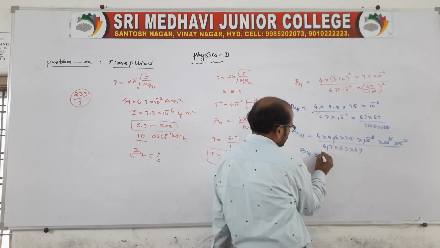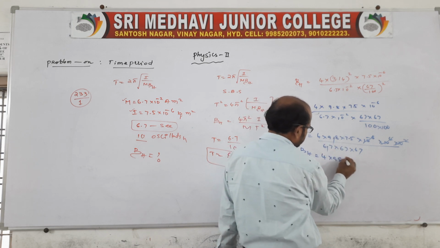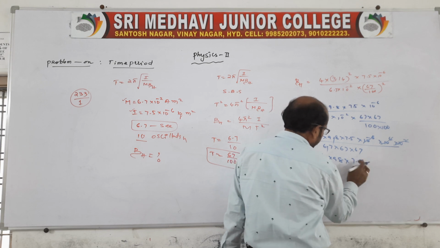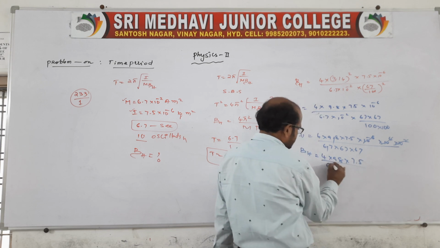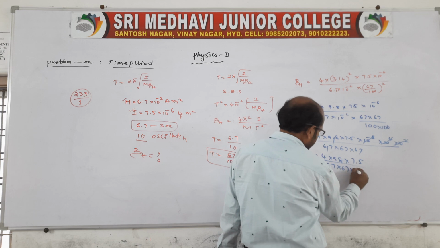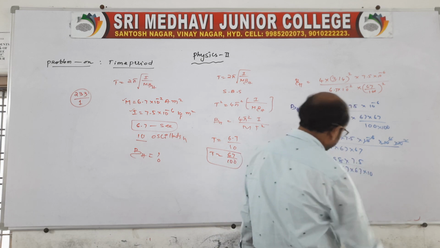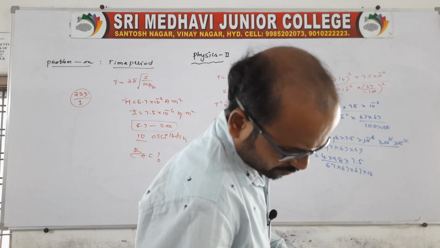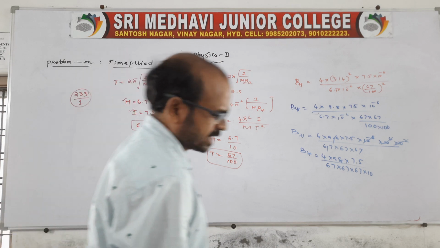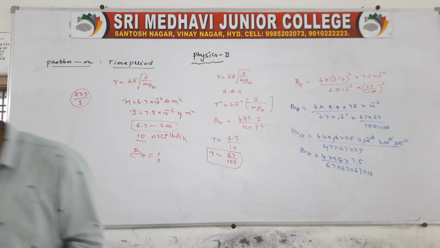B_H = 4 × 98 × 75 by 67 × 67 × 67 × 10. If you multiply and divide, we may get the final answer.